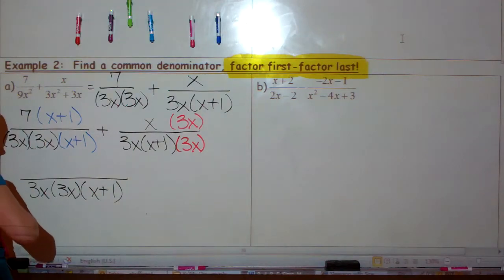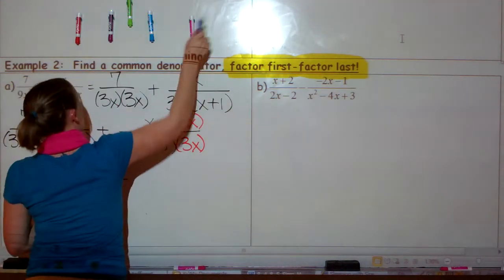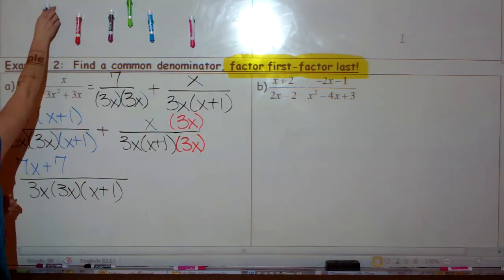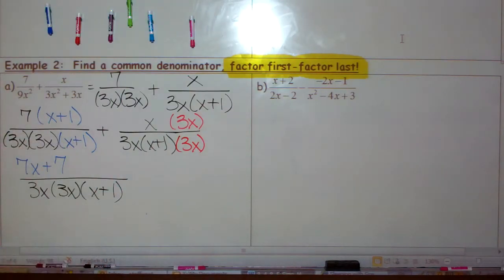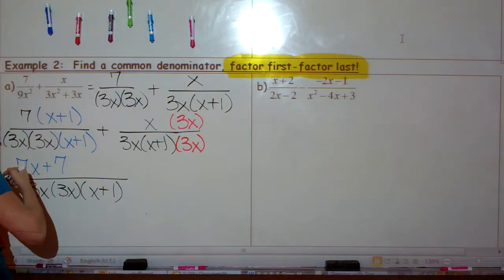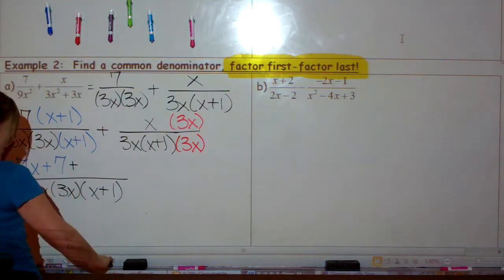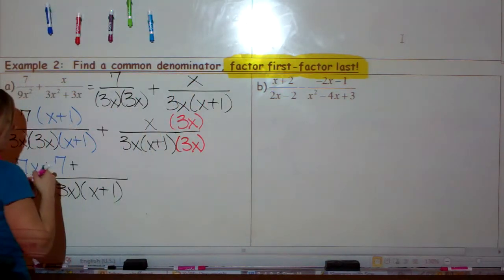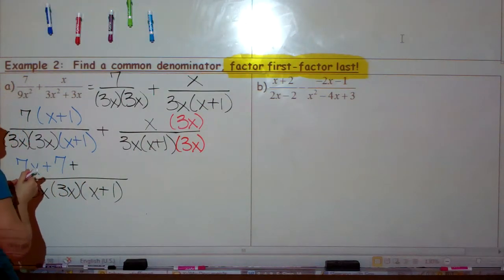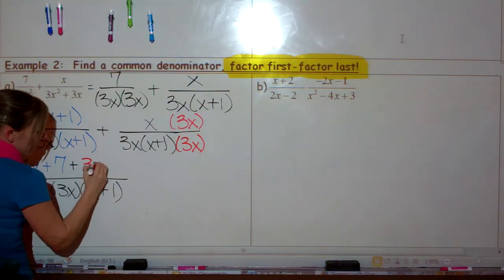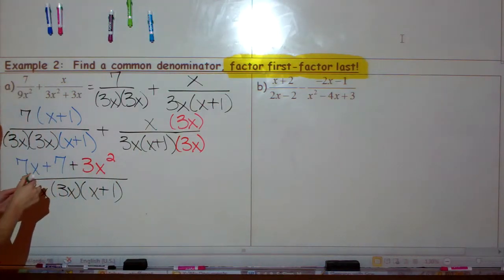So I distribute that, and I get 7x plus 7. Then I'm adding this, so I add it to these two when I put them together, which is 3x squared.